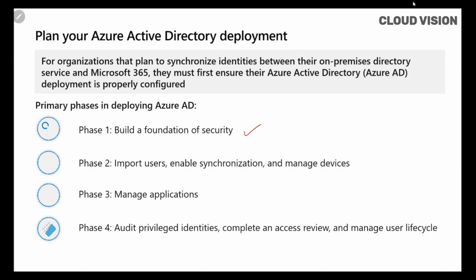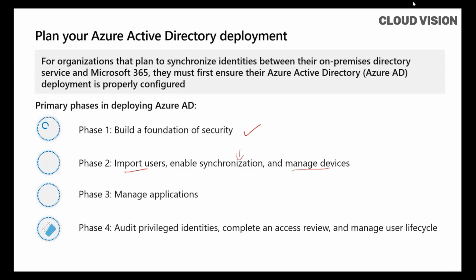You want to make sure that all of your admin accounts have multi-factor authentication enabled on them. If you want to add an extra layer of security, you can do it with the help of conditional access policies. In phase two, you can start importing users to Azure Active Directory, enable synchronization, and start the management of devices as well.